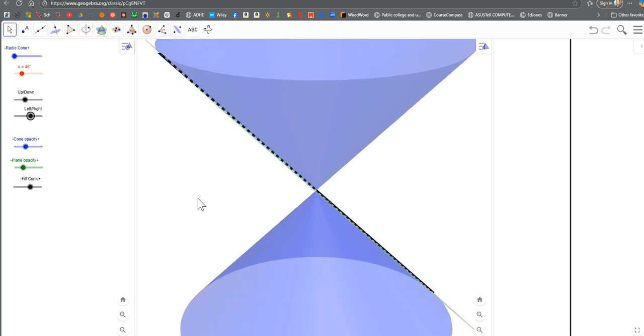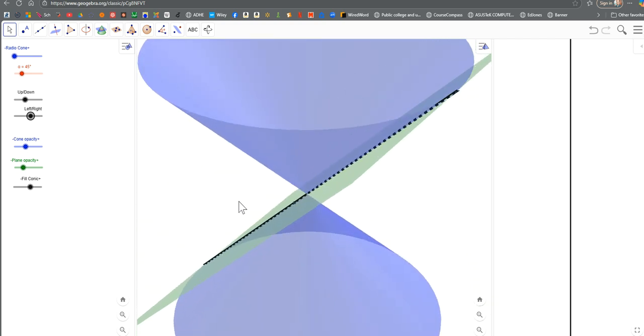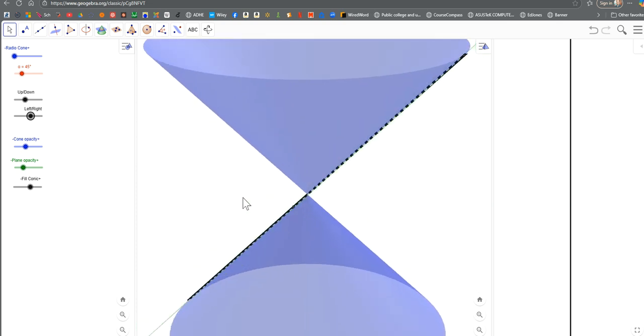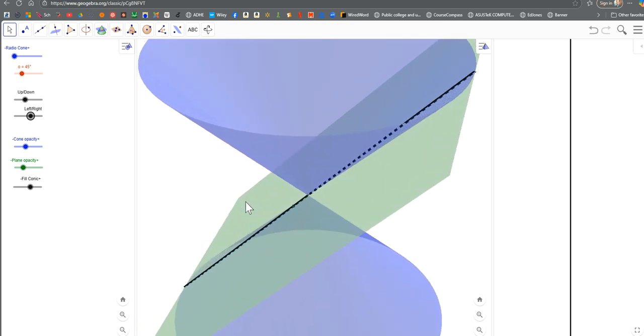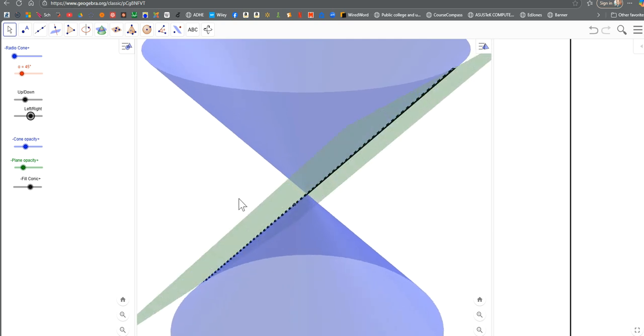Then the plane is actually tangent to the cone. For example, it might contain that generating line and be tangent to it, so you could get a single line there. Okay, so those are the basic ways you can get a conic section.